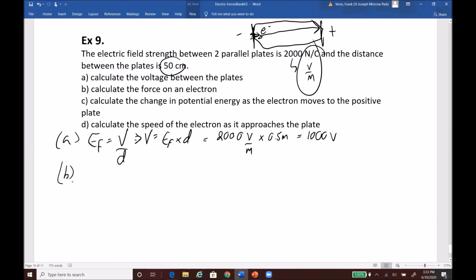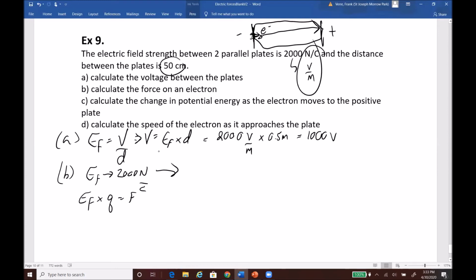Then we have B. B is the force on the electron. So if I look at my electric field strength again, I know my electric field strength is 2,000 newtons per coulomb. So if I multiply the electric field times the charge, then that would be the force, right?